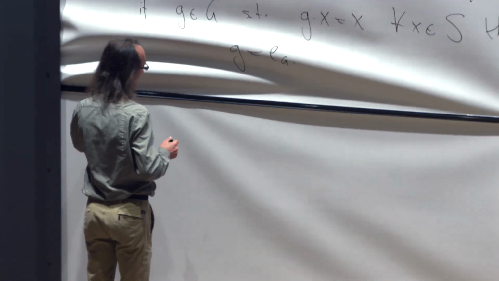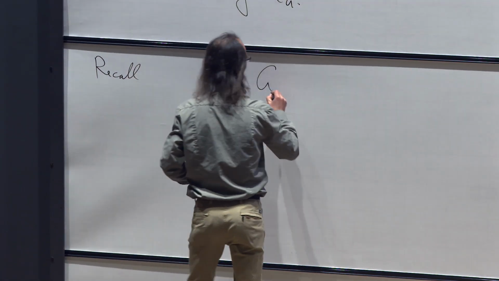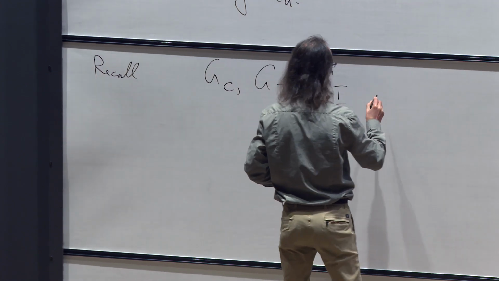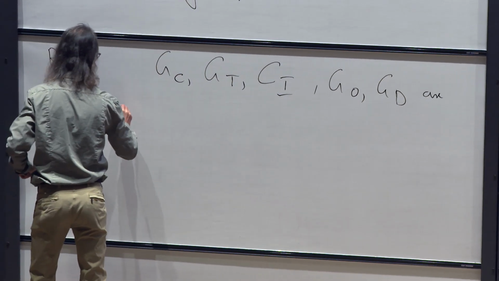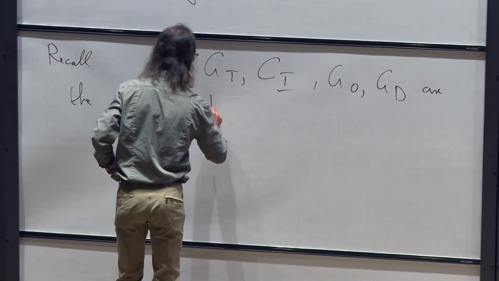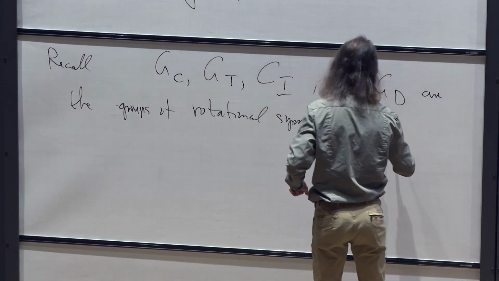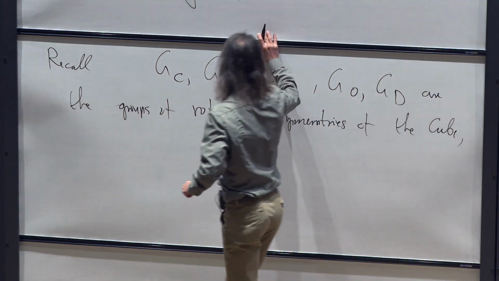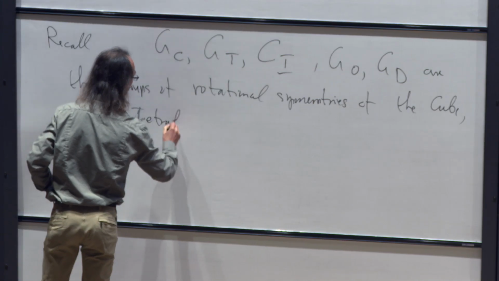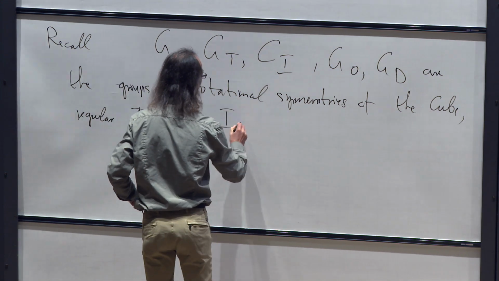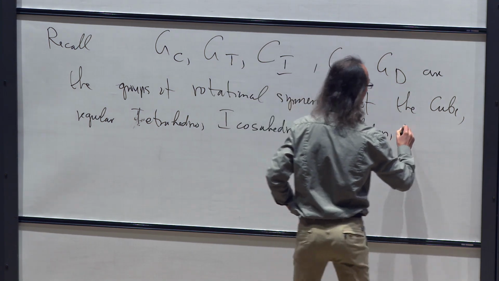So recall the definition that GC, GT, GI, GO, and GD are the groups of rotational symmetries of the cube, regular tetrahedron, icosahedron, octahedron, and dodecahedron respectively.